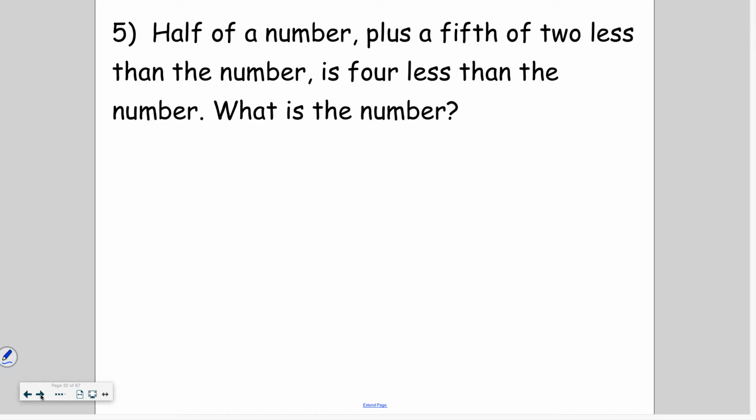Next one. Half of a number plus a fifth. Now this one is tricky the way it says. Plus a fifth of 2 less than a number. So plus x, 1x minus 2 over 5 is 4 less than the number, so x minus 4.